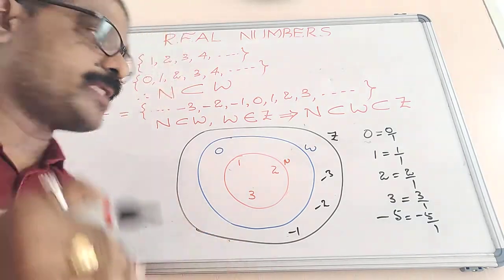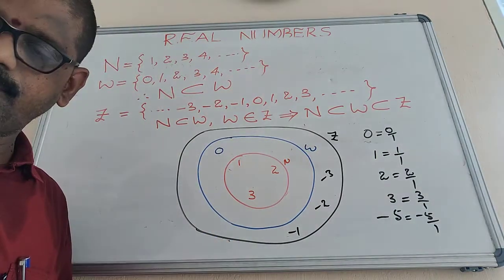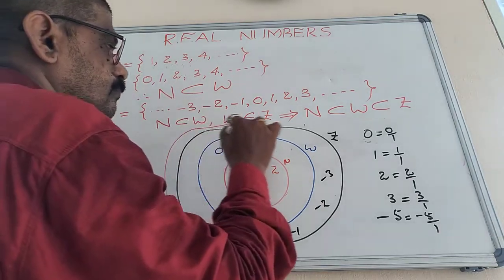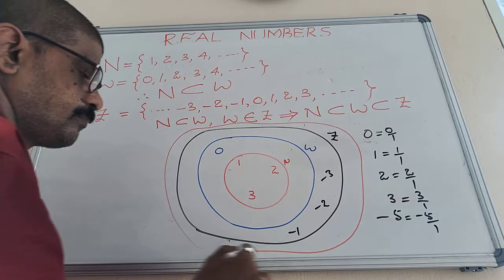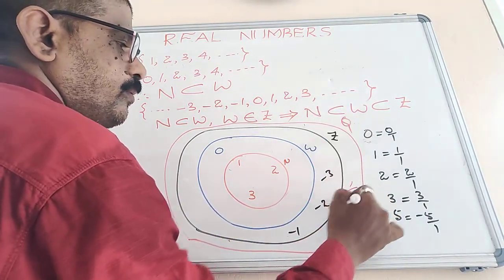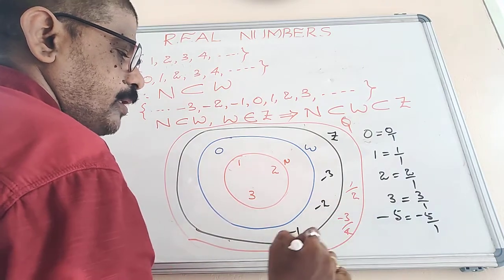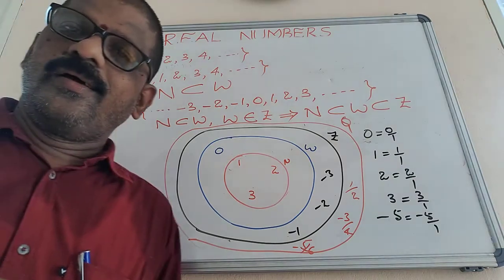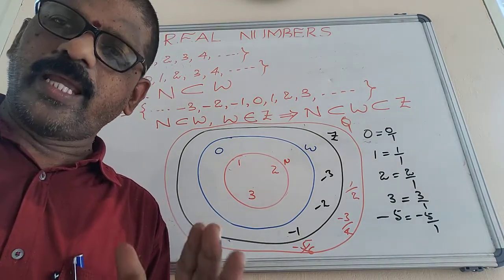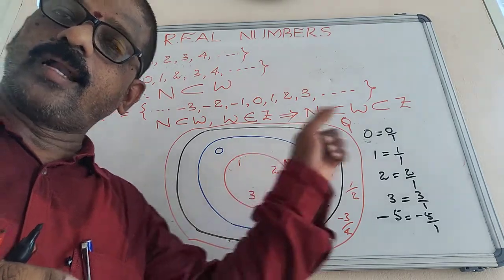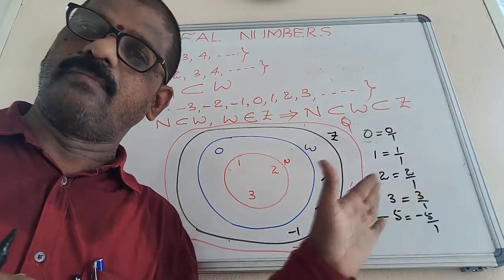That means we can take a picture. That is Q. So we can write 1 by 2, -3 by 4, -5 by 6. These are called rational numbers. That means all natural numbers, all whole numbers, all integers are also called rational numbers.